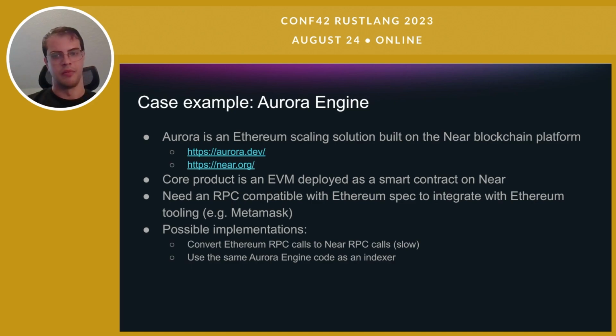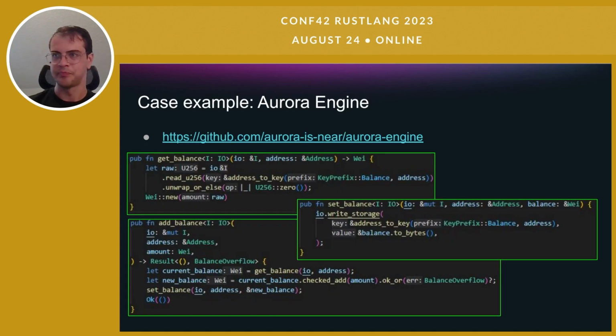So, getting to the main point, the way we can solve this is by writing an indexer that is actually able to function as this Ethereum RPC. Because it needs to do this whole transaction simulation, it needs to have all of the functionality of the Aurora contract baked into it. And we're going to use the exact methods that we've just been talking about to make this possible.